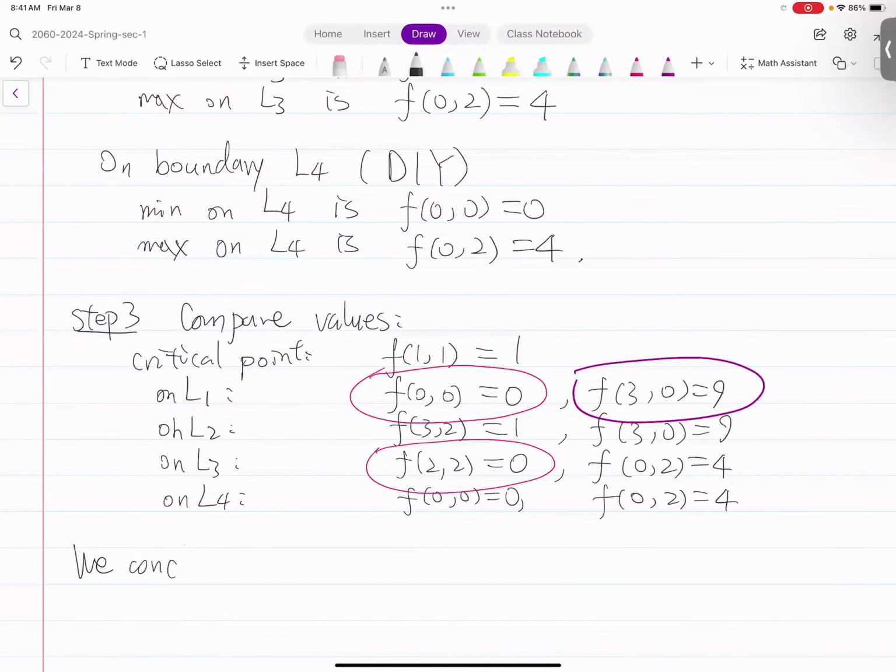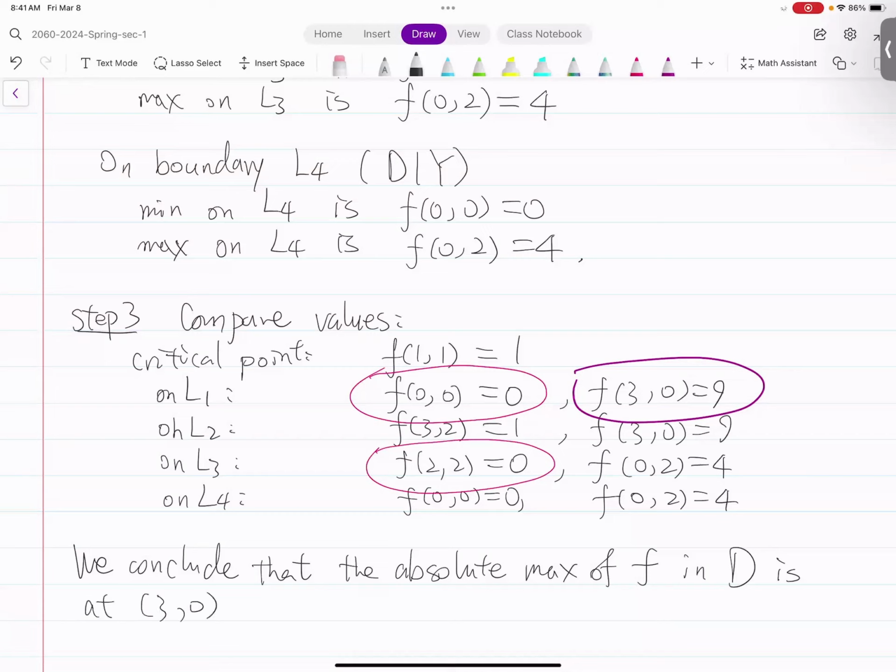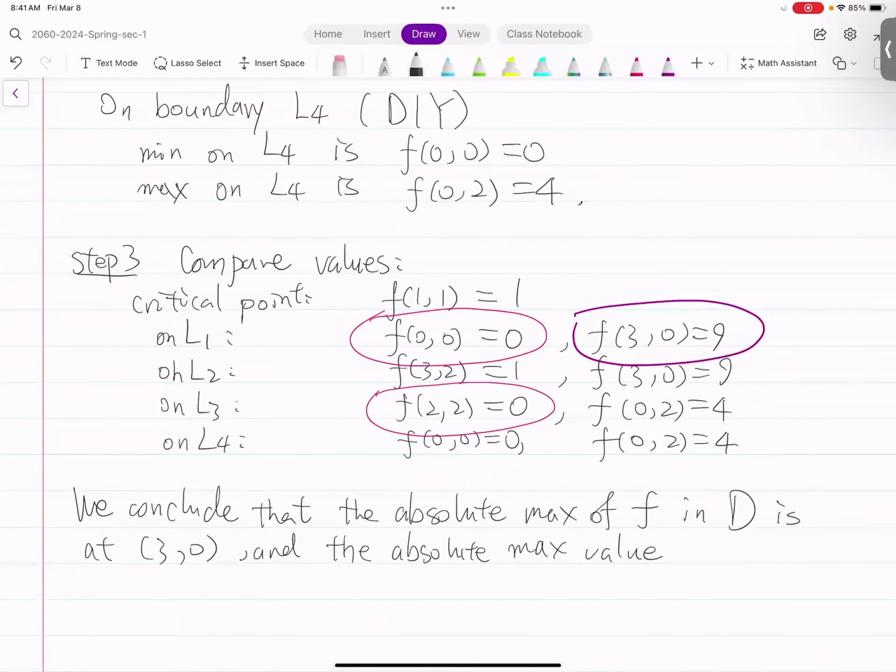We conclude that the absolute maximum of f in the set D is attained at (3, 0). And the absolute max value is f of (3, 0), which equals 9.